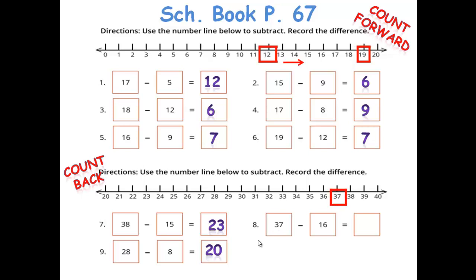Now we are going to count back how many times? 16 times. I'm going to make 16 jumps. Okay, now put your finger with me on 37. Here, follow my arrow. We are going to walk in this direction. Let's start together.